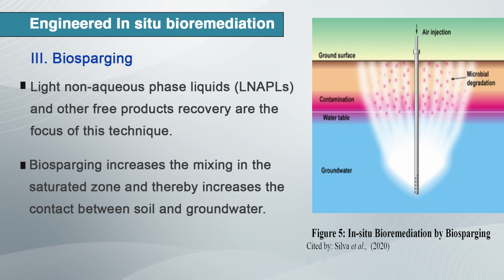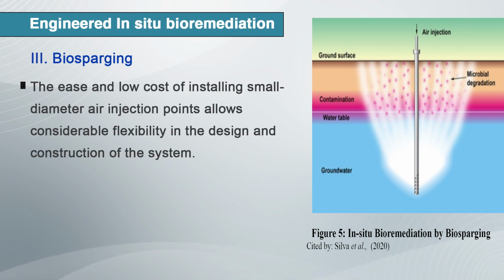Figure number 5 is showing in situ bioremediation by biosparging. The easy and low-cost installation of small diameter air injection points allows considerable flexibility in the design and construction of the system for biosparging.